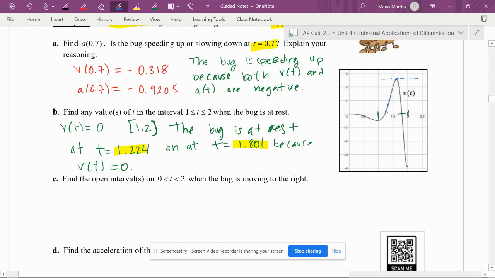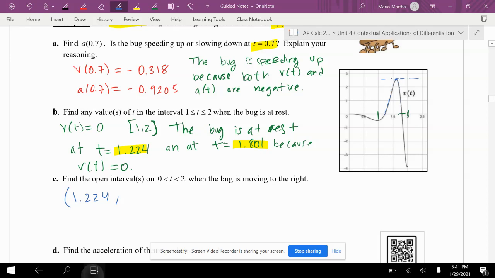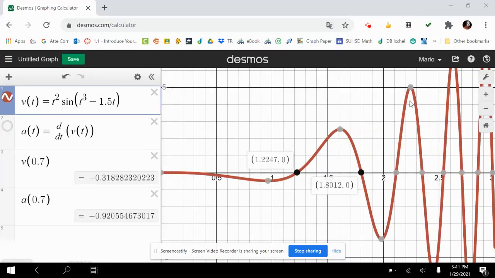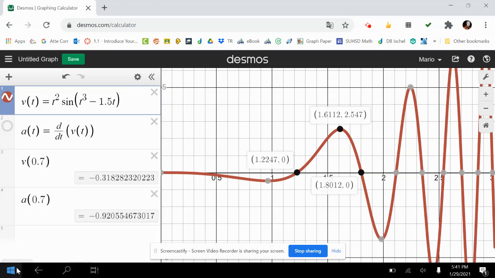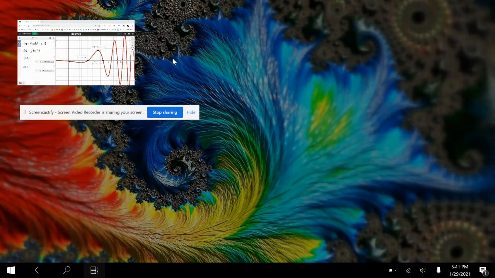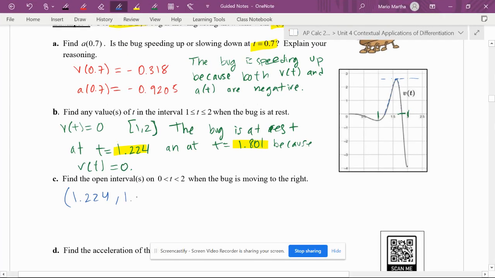So we should be looking at pretty much between 1.224, and it looks to be, if we go back to the graph, we look at the maximum right there, and it looks like it's at 1.611. And again, this is just by looking at the graph, right?